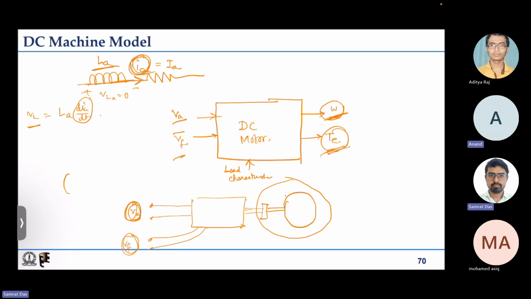If I consider the BLDC model, the brushless DC motor, we do not have a term called vf, right? So I can go with the va term alone. Yes, we have three phases, so again three voltages, vr, vy, vb, will be there.